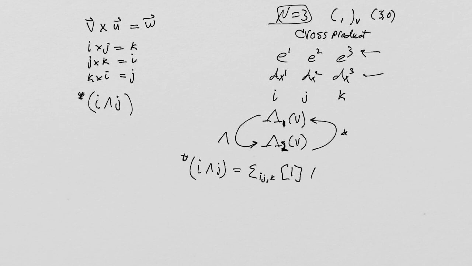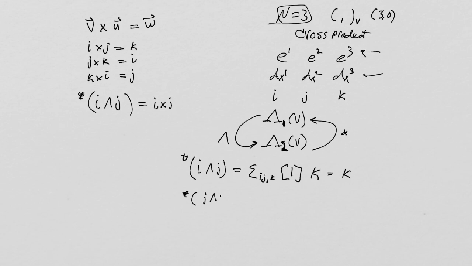And then what's left over? Well, k. So this is k. This is the same thing as, that really equals, i cross j.